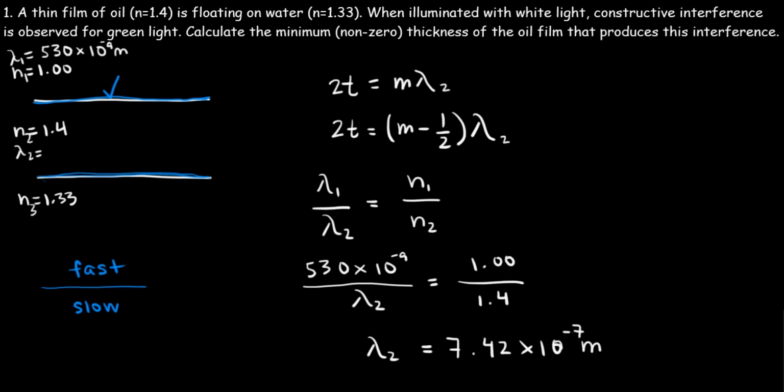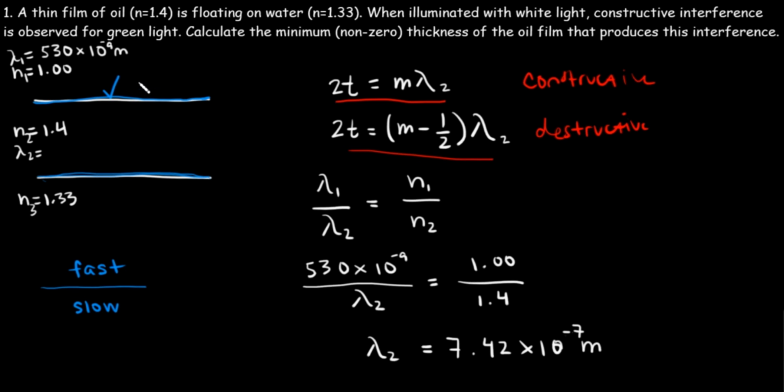So remember how I said this formula is for constructive, and this one is for destructive. If there's only one phase shift, the formulas get switched, which means this formula now becomes destructive and this formula now becomes constructive.